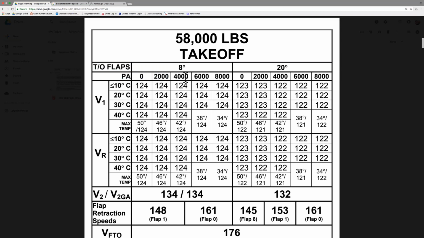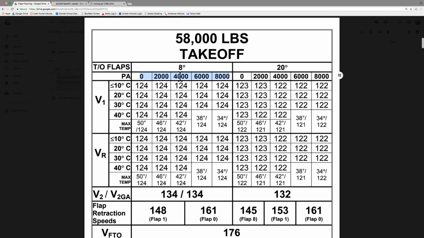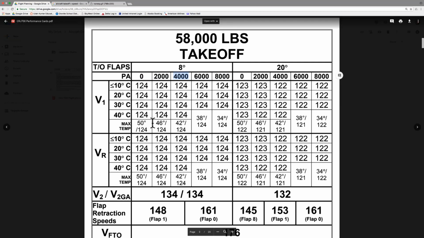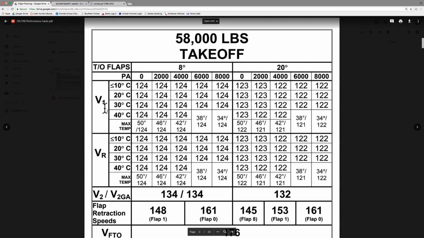And for this, we're just going to use the altitude at which our departure airport is. That's going to determine which column we look down. To determine the row, we're going to look at our outside air temperature.